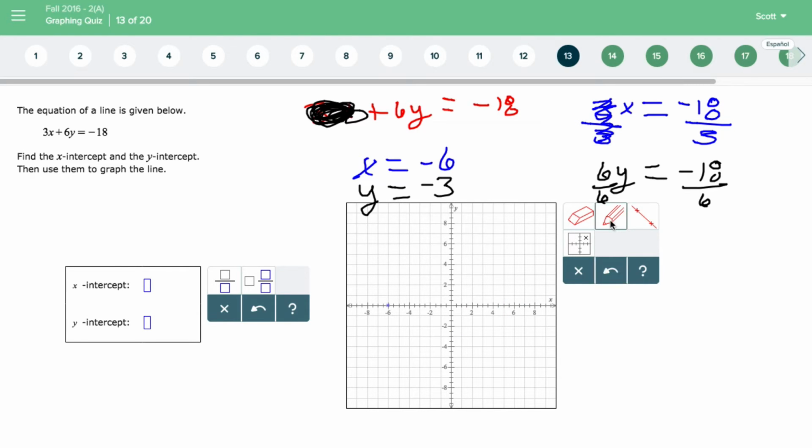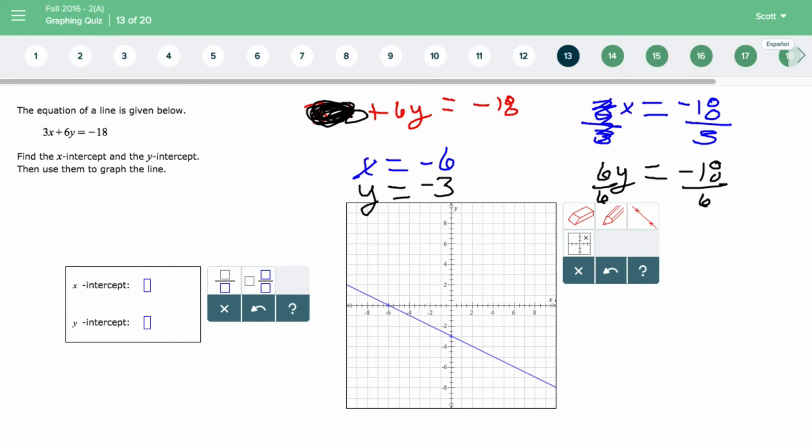Okay, right there at negative 3. And we're just going to connect the two dots.